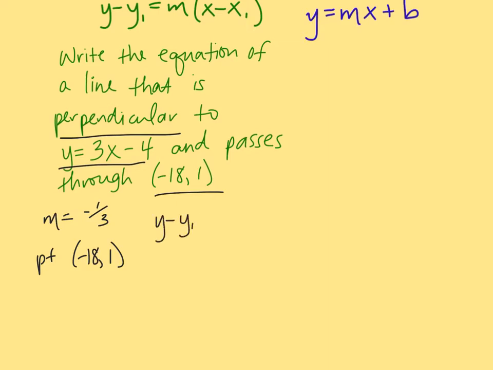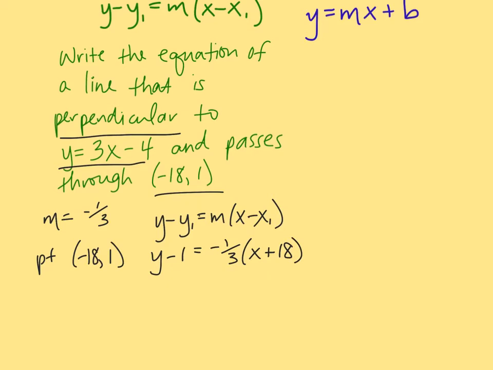Y minus y1 equals m times x minus x1. All right, let's fill in. This is m, and this is x1, y1. This y and this x stay just y and x. So you're going to write y minus 1 equals negative 1/3 times x minus negative 18, so plus 18.